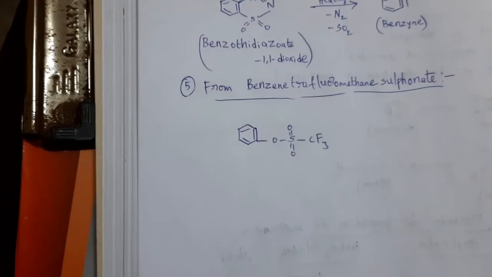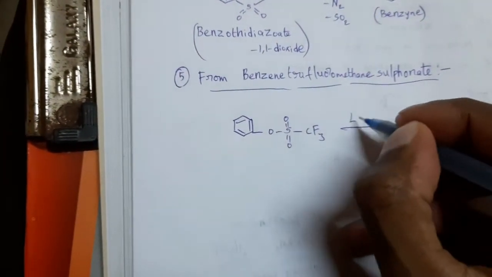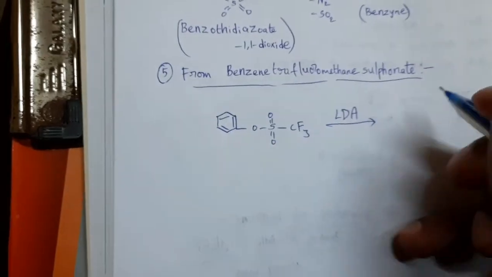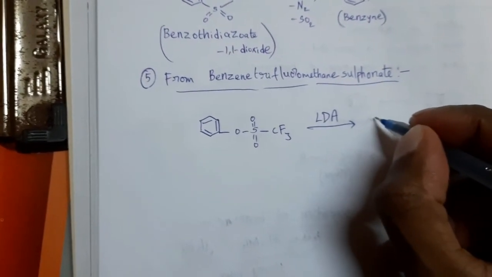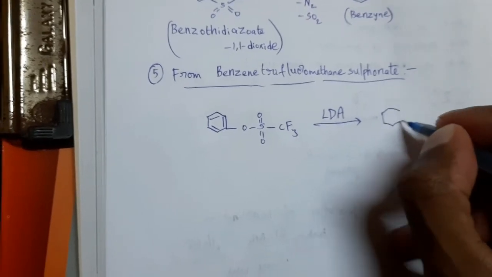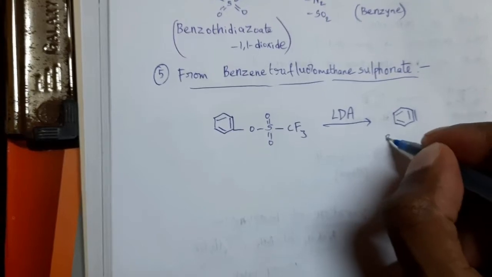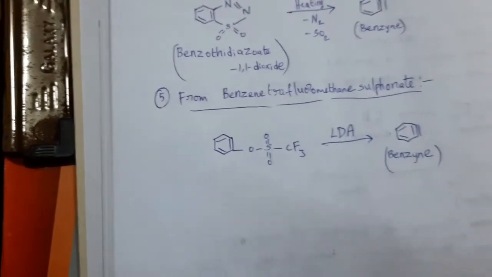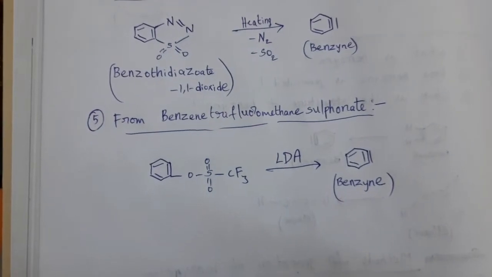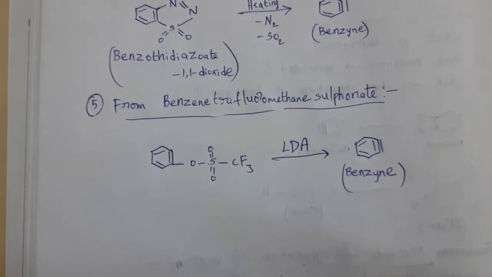When this compound is treated with LDA, then we can get benzyne. This is benzyne. So benzene trifluoromethane sulfonate is treated with LDA, and we get benzyne.